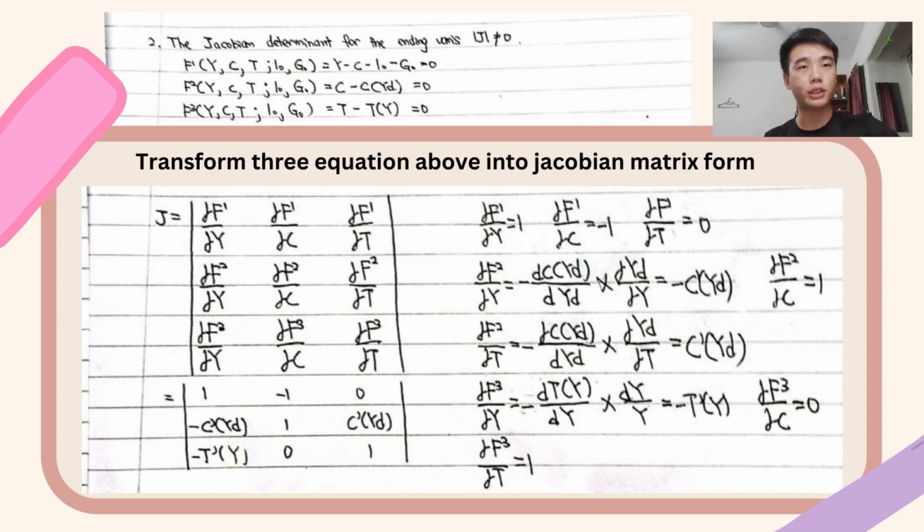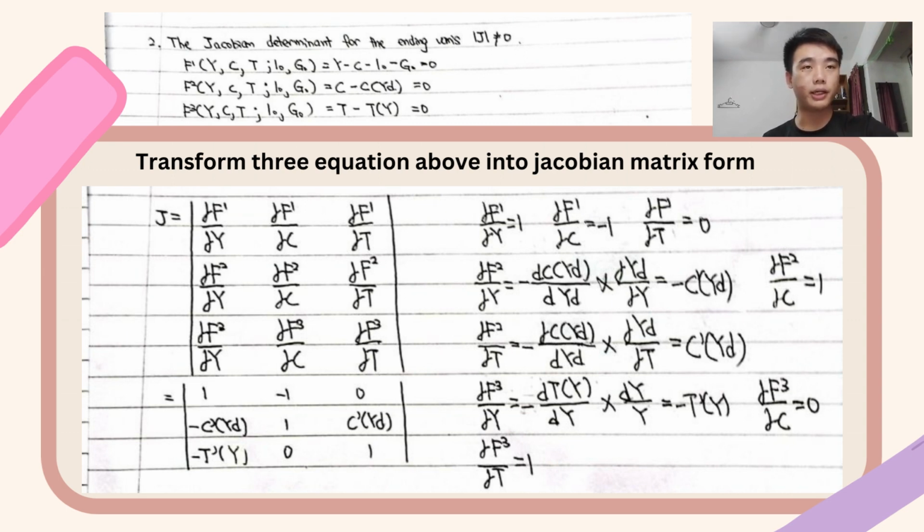So the answer for delta f1 divided by delta y is equal to 1. Delta f1 divided by delta c is -1. Delta f1 divided by delta t is 0. Delta f2 divided by delta y is equal to negative c prime of yd. Delta f2 divided by delta c is equal to 1.